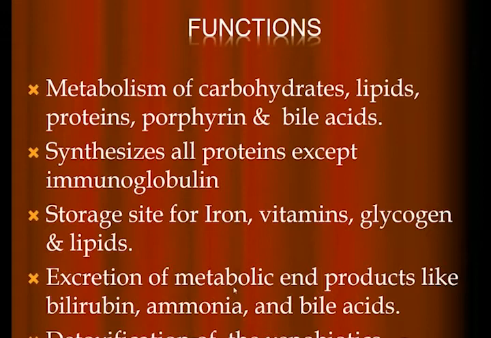And excretion of metabolic end products like bilirubin, ammonia and bile acids, everything will be excreted from the liver, and detoxification of the xenobiotics. So all these are very, very important functions of the liver. That's why the liver is supposed to be a corporation in the body. The corporation office of the body will be the liver.